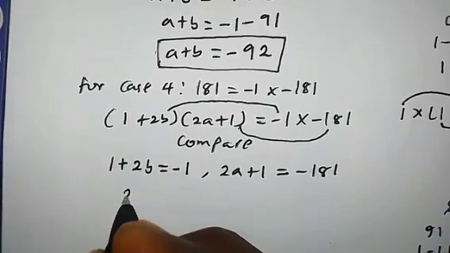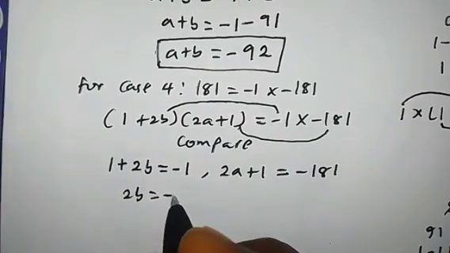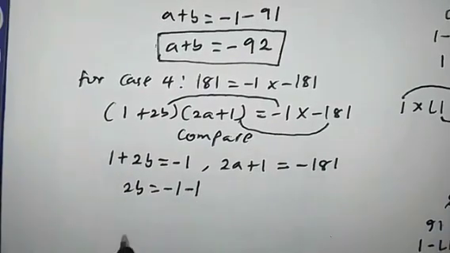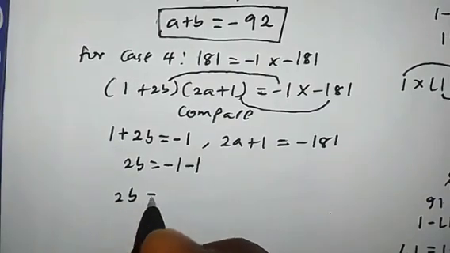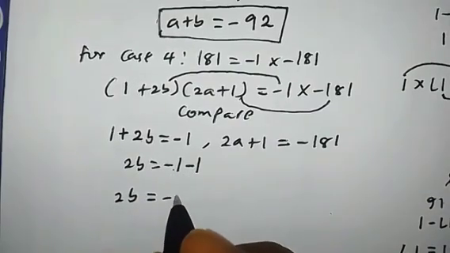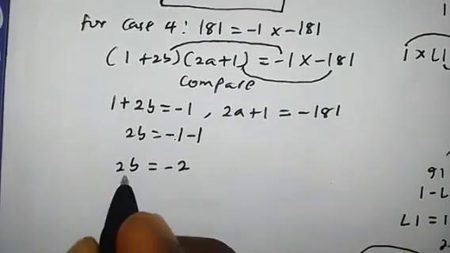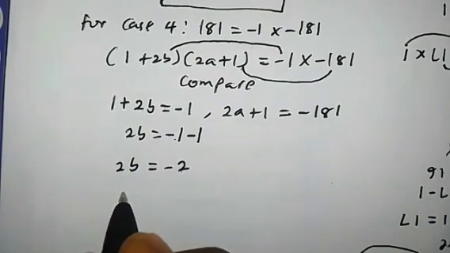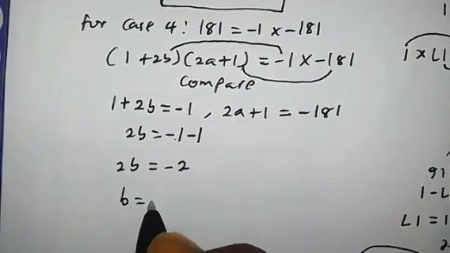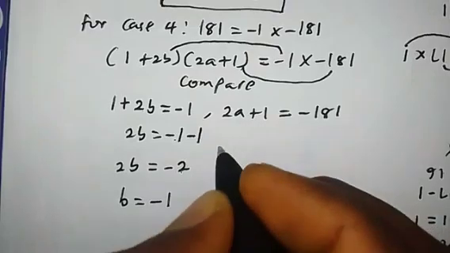From this line, 2b equal to minus 1 minus 1, 2b equal to minus 2. Divide both sides by 2, b is clearly equal to minus 1.